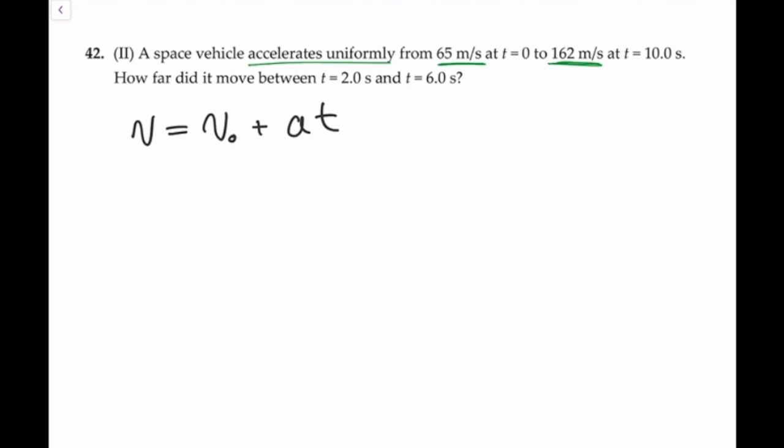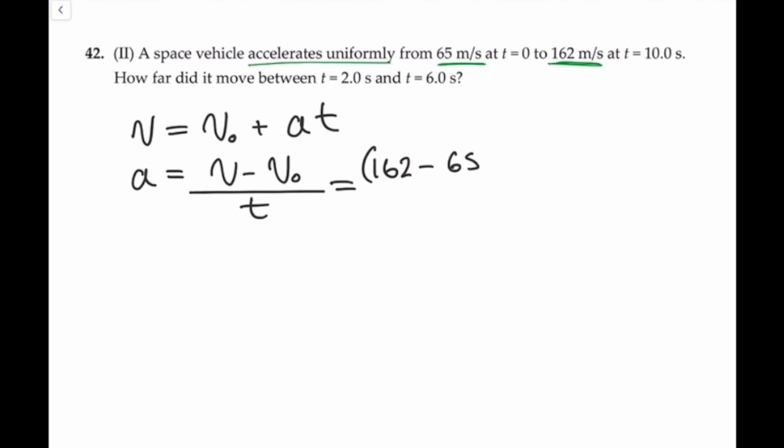Solving for the acceleration, the change in velocity is the final velocity, 162 meters per second, minus 65 meters per second, and the change in time was 0 to 10 seconds. So the final time is 10 seconds minus 0 seconds, that's 10 seconds.